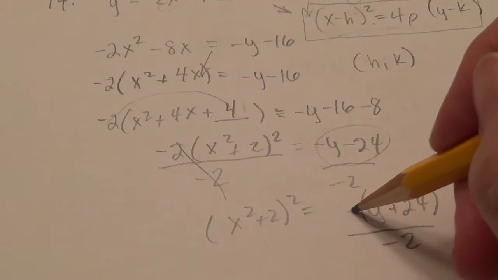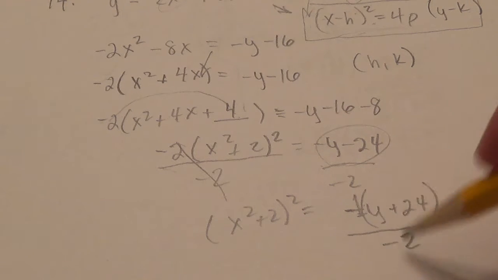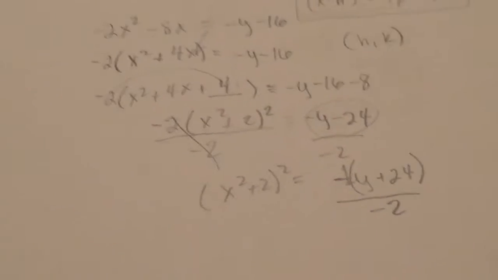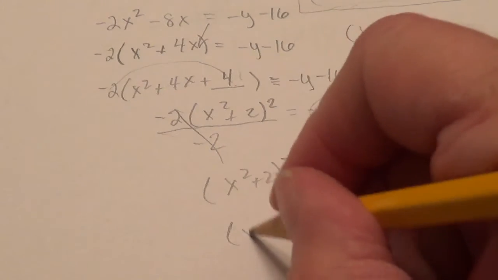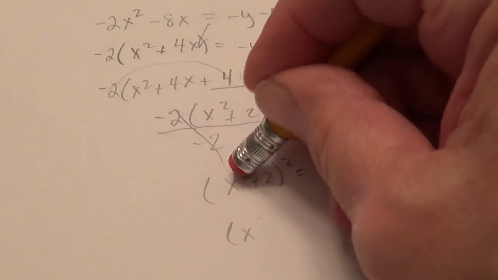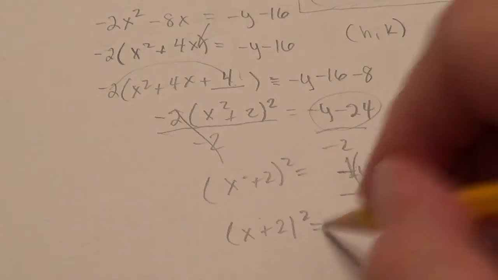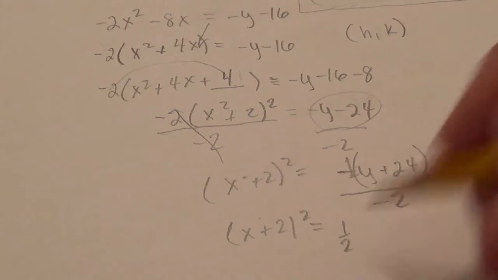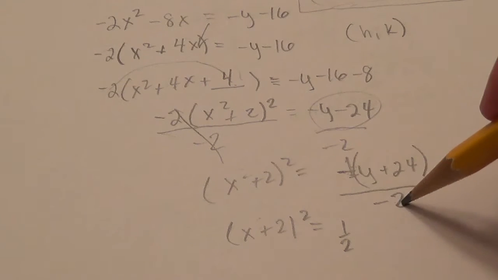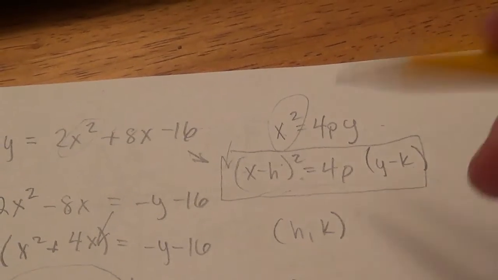I have a negative, which stands for a negative 1, so I have a negative 1 divided by negative 2. So let me clean that up a little. Oops, there's no squared there. (x plus 2) squared equals 1/2. Do you see where that came from? The negative 1 over the negative 2. (y plus 24). All right, now it looks like the form that we're looking for.